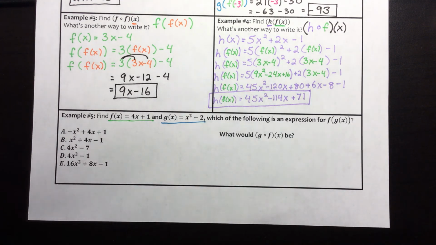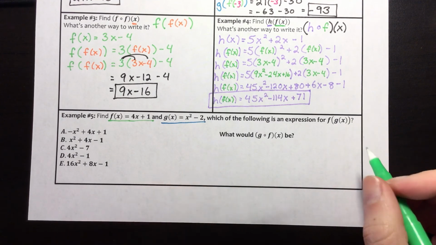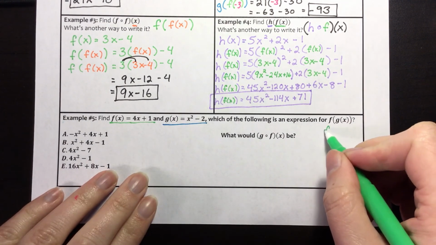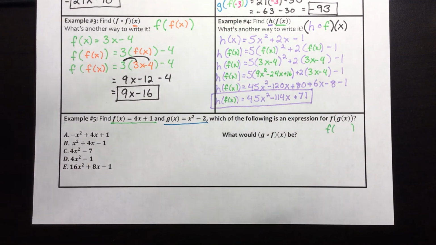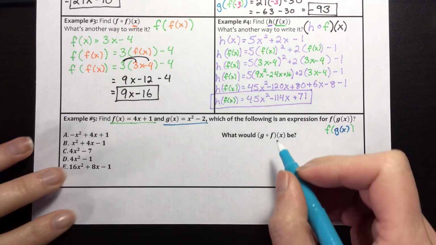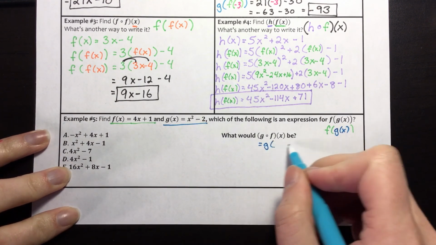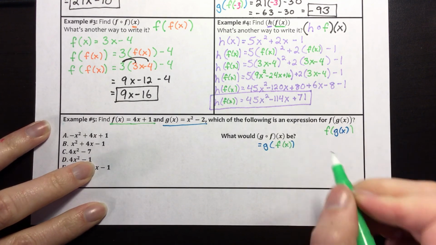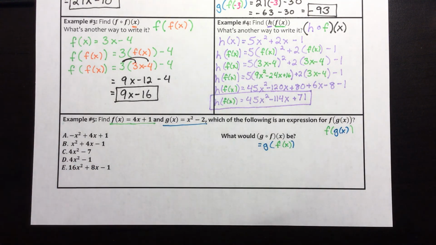Asterisk, usually. There's a rare case, and it has to do with inverse functions, where f of g of x and g of f of x are the same thing. It's pretty rare, and I don't know, maybe we'll see it, maybe we won't.